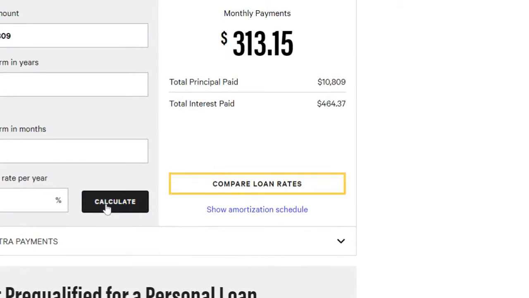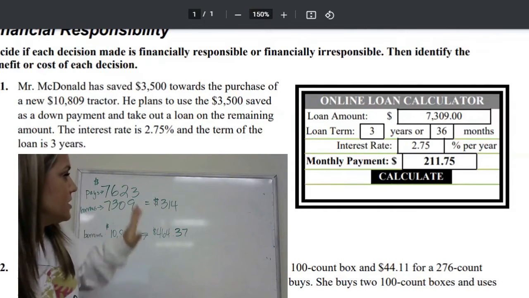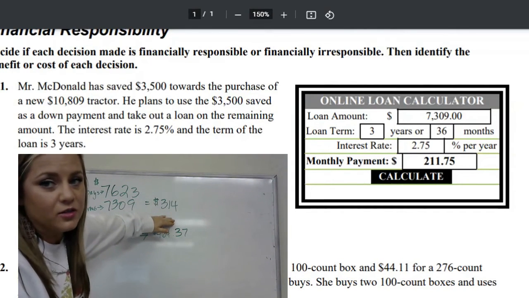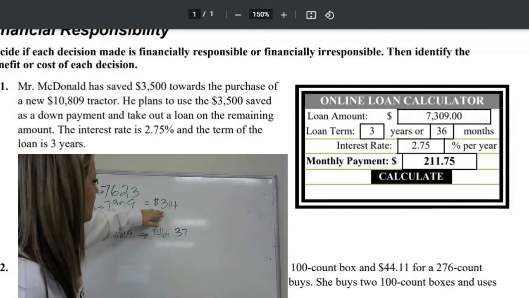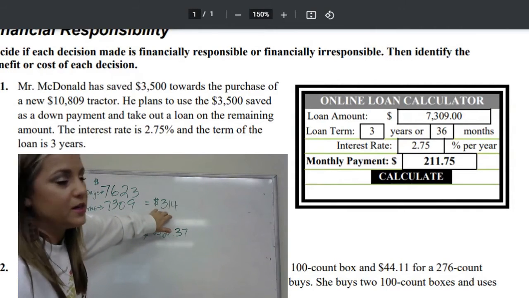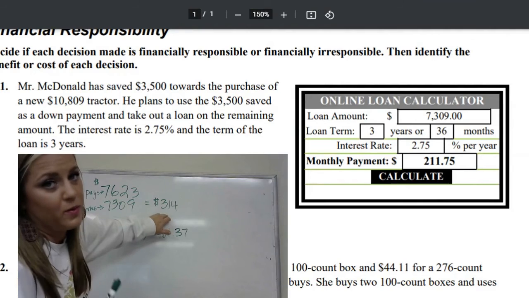So I'm going to calculate this. All right, so the total interest paid that I'm going to pay for this, it even tells me right here, $464.37. All right, so let's go back to the other screen and let's talk about this. So when we looked at the first one with the down payment, he's only going to be spending $314 to borrow the money.